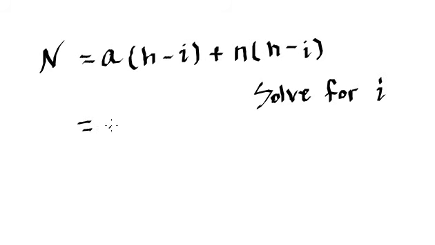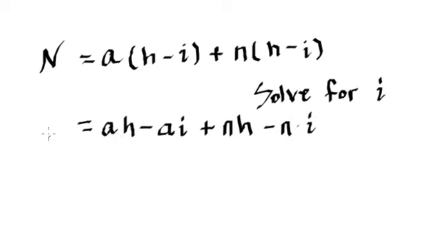So this becomes A times H minus A times I plus N times H minus N times I, and of course that's equal to N. Alright, I distributed the A, distributed the N. Now, since we're solving for I here, I'm going to regroup this stuff first of all, so maybe we can see a little better what's going on here.